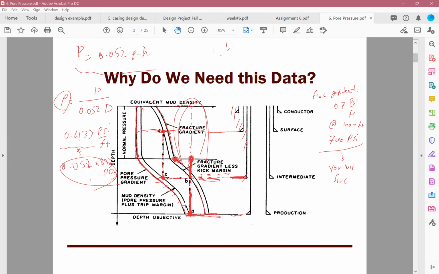That means you will frac the formation, because the hydrostatic pressure will be higher than the frac resistance of your formation. So you shouldn't continue with the same mud. You go all the way until you hit the trip merging line, and then you go vertically upward and do the same thing again.